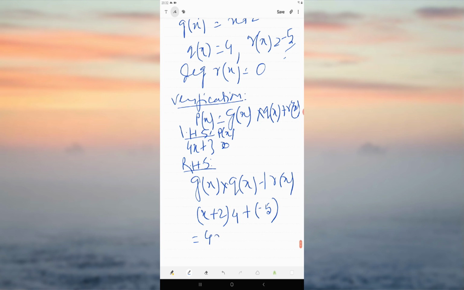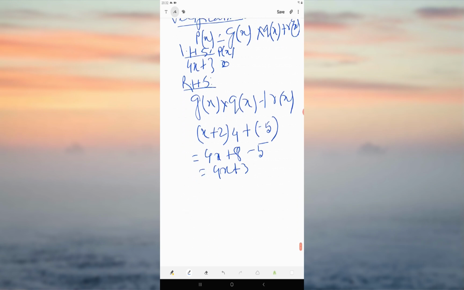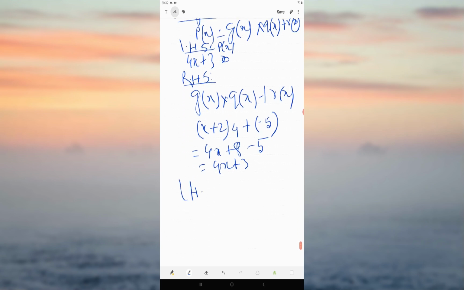So we'll get 4x plus 8 minus 5, that is 4x plus 3. Hence verified, LHS equals RHS. The division algorithm is verified.